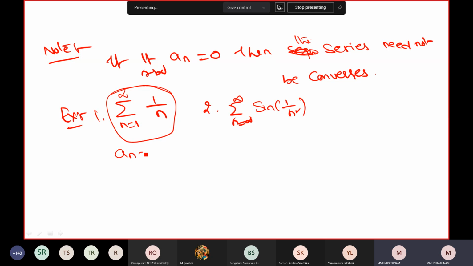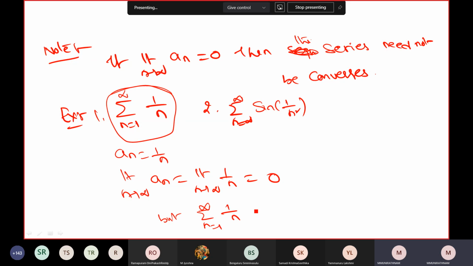What is a_n here? 1 by n. The limit as n tends to infinity of a_n equals the limit of 1 by n. This will be 0. But summation n equal to 1 to infinity 1 by n diverges.